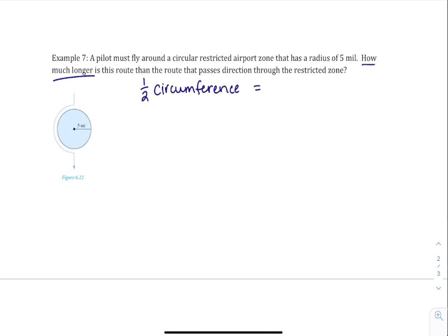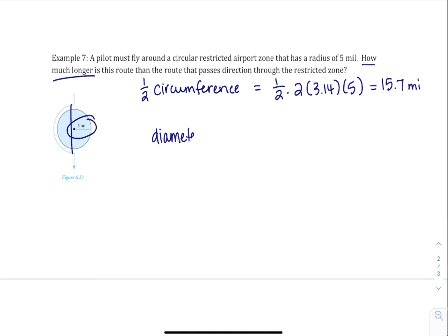This time we can do it all together: 1/2 times, and we have a radius, so we'll use 2 times pi times the radius, and we get 15.7 miles. So going around the circle is 15.7 miles. If we were to just go through the circle, that's just a diameter.